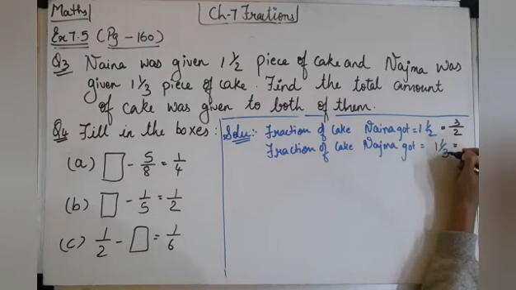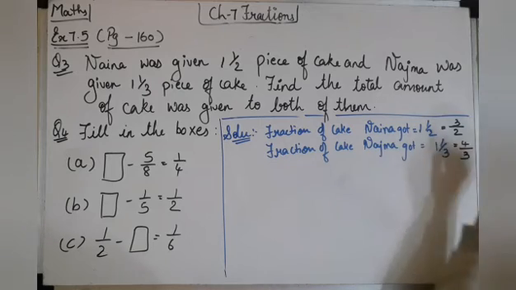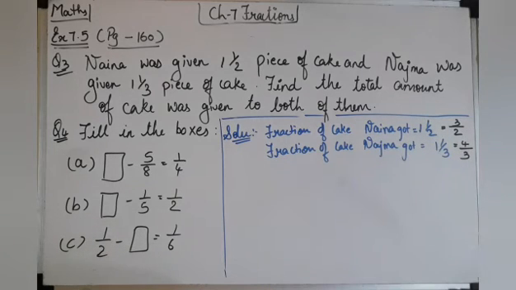And here it is 3, so 3 ones are 3 plus 1 is 4. So 4 upon 3. Okay. We have converted into the improper fraction. The numerator is greater than the denominator, which means it is called an improper fraction. And you can see that it is also an unlike fraction, because both denominators are different.